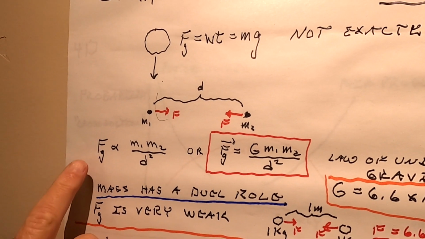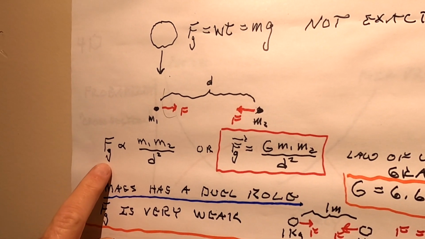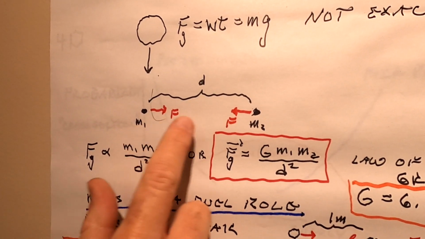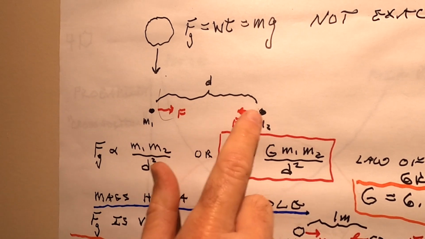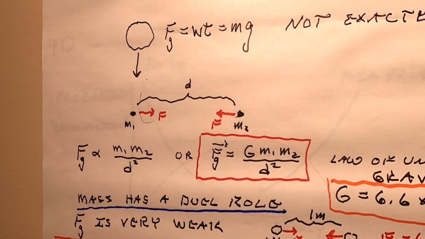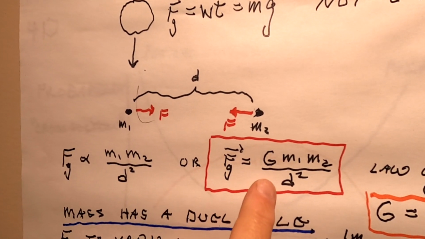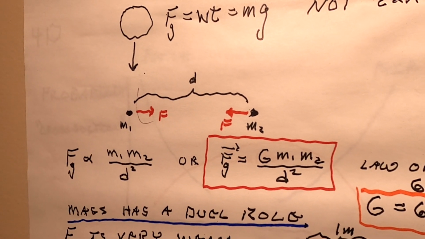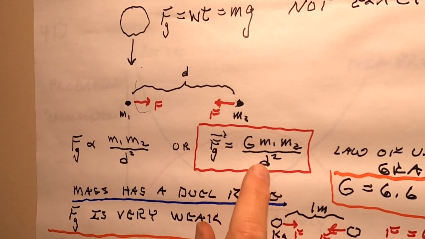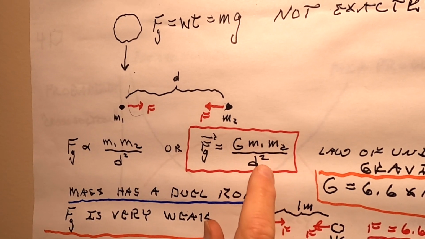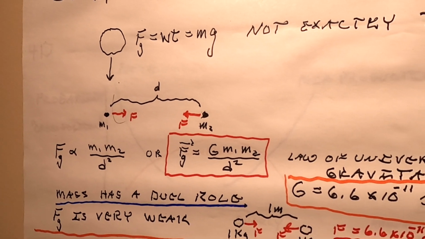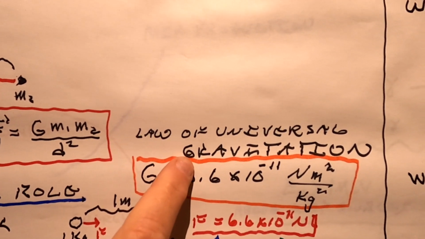What Newton did say is the force of gravity is proportional to the product of the two masses divided by the separation of the two masses squared. If you're proportional, that means if I put in a proportionality constant, call it big G, then the force of gravity equals big G, mass of one, mass of the other, over the distance squared. This is called Newton's law of universal gravitation.